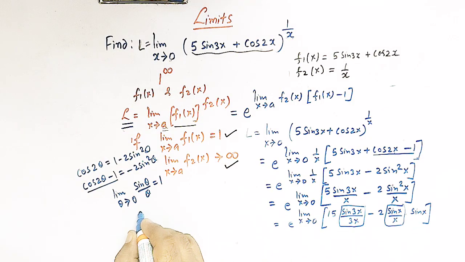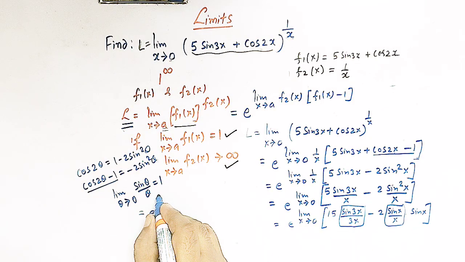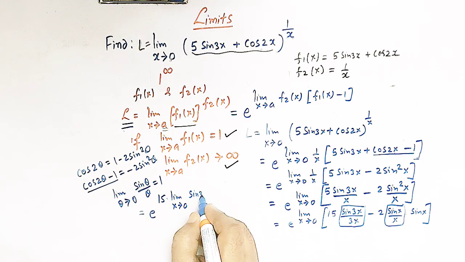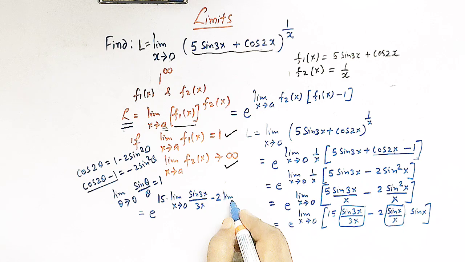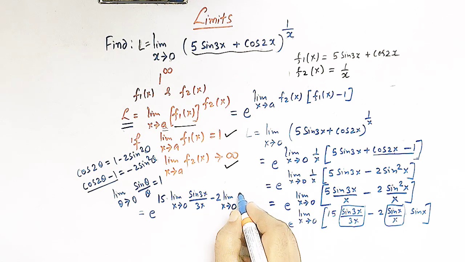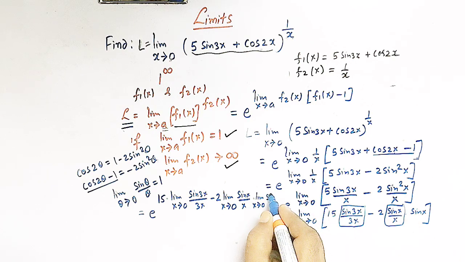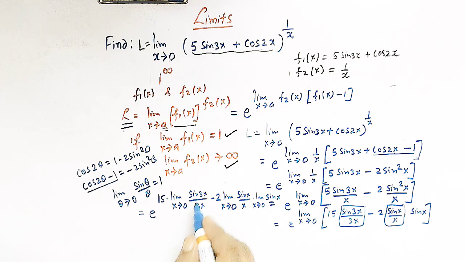So now we can write e raised to 15 times the limit as x tends to 0 of sin 3x over 3x, then minus 2 times the limit as x tends to 0 of sin x over x, and here we have the limit as x tends to 0 of sin x.